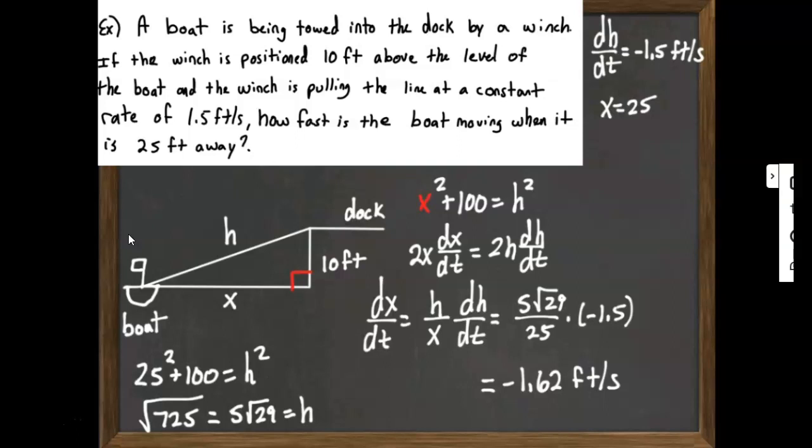One of the things I want you to notice here is that as you get really close to the dock, as x gets very small, the dx/dt rate is going to explode. If x is 1 foot away from the dock, you still have about 10 feet of rope, so the boat's going to be moving extremely fast. So you actually have to let off on that winch.